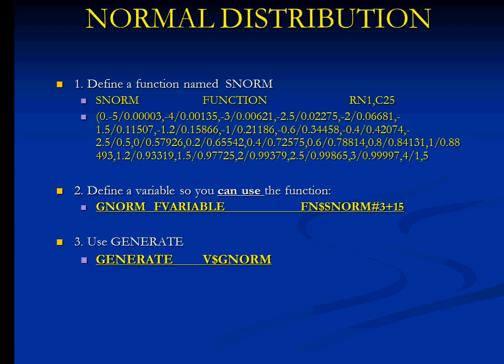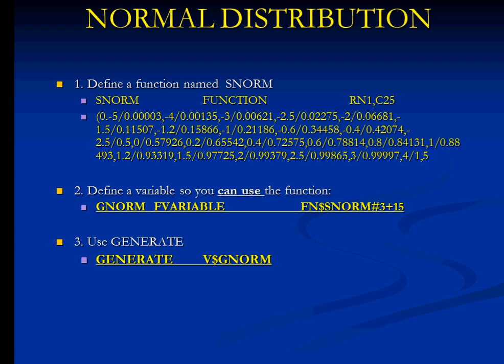And then we define that this variable behaves like a function named NORM, the function that we have already defined, and we then establish first the standard deviation and then the mean or the average of the function. The number sign indicates that the number after this sign is the standard deviation.